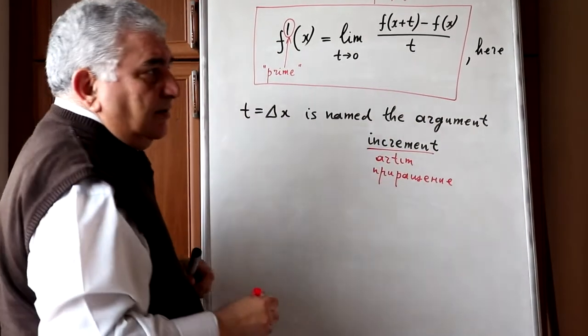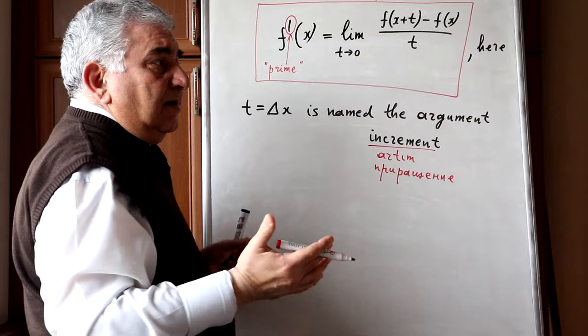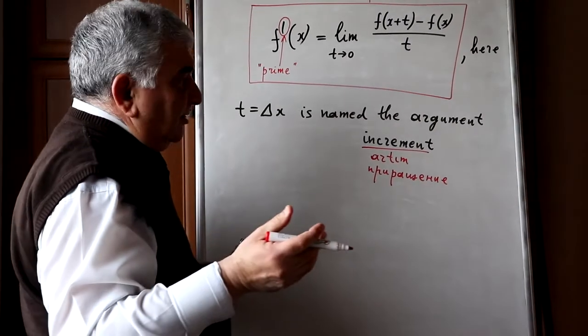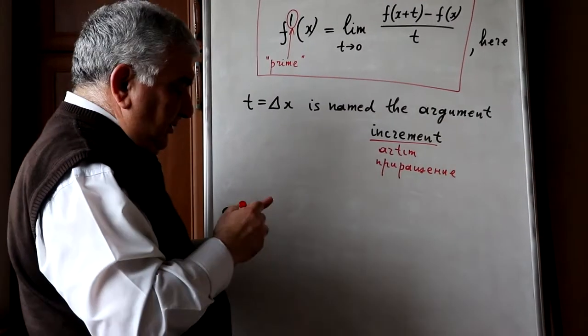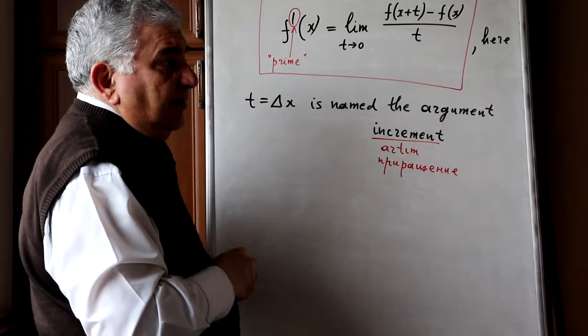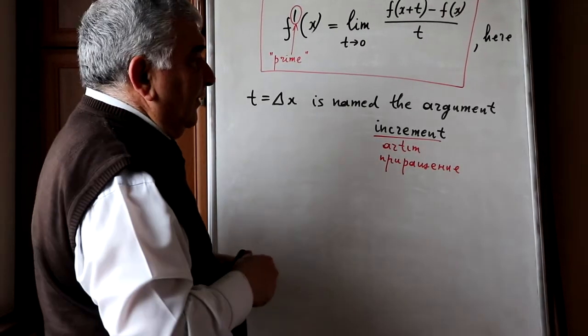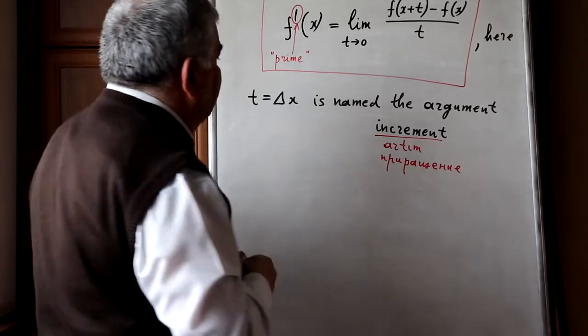Argument is a free variable, that is самостоятельная, независимая переменная, independent variable.